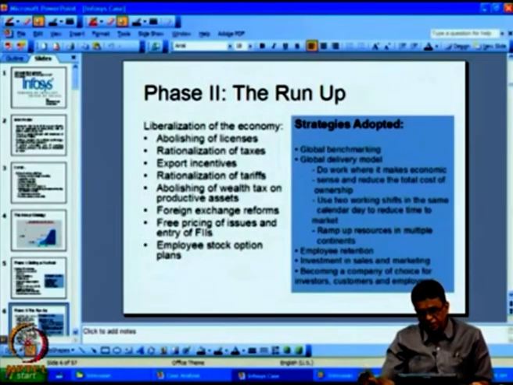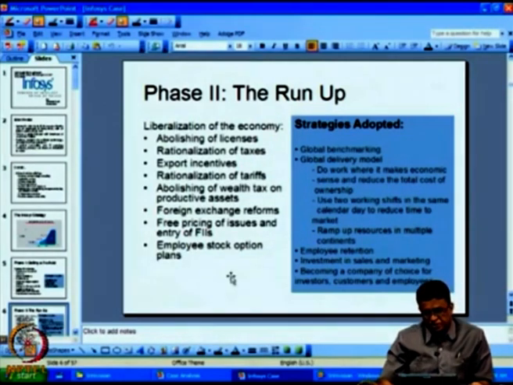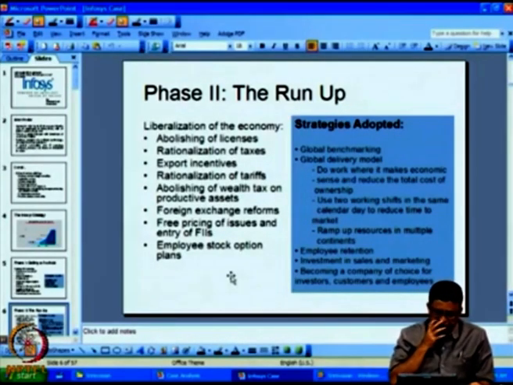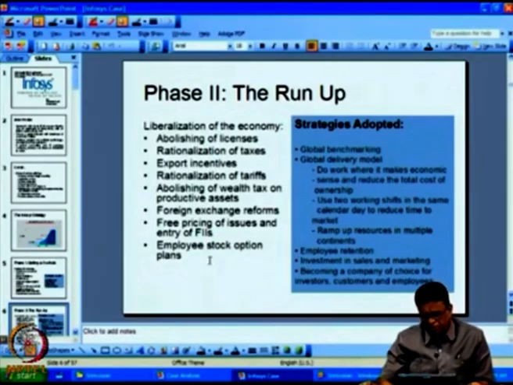So, what we saw during that time was the abolition of licenses, rationalization of taxes, then the export incentives, then the rationalization of tariffs, then abolishing of wealth tax on productive assets, then foreign exchange reforms, then free pricing of issues and entry of foreign FIIs, foreign institutional investors, then the employee stock option plans.